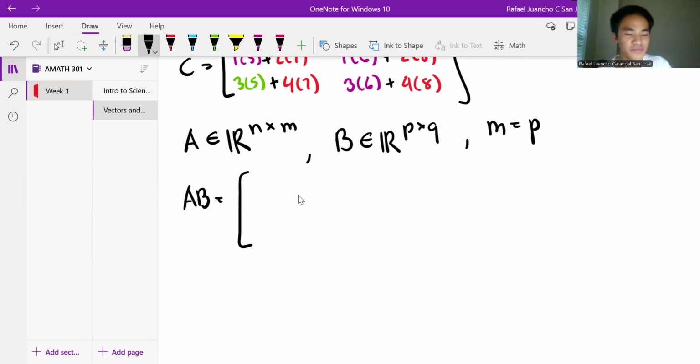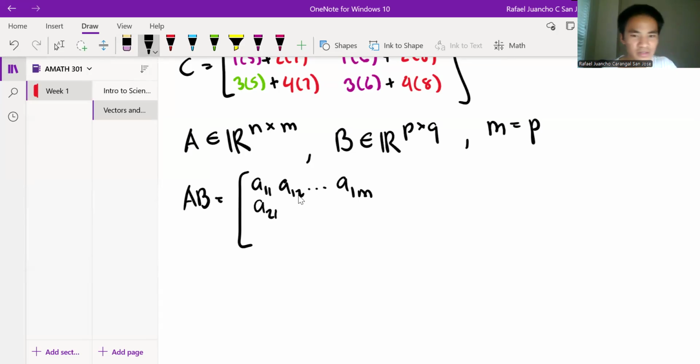Okay, to make it general, this is A11. Remember, this is our indexing. Row one, column one. We go A11, A12, all the way to A1M because we've reached the M column, right? Okay, we go down.